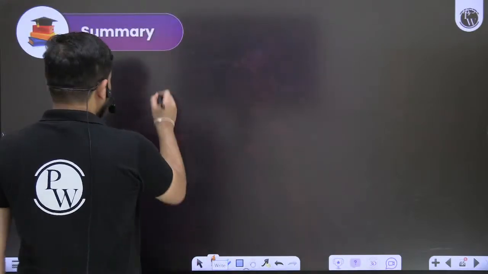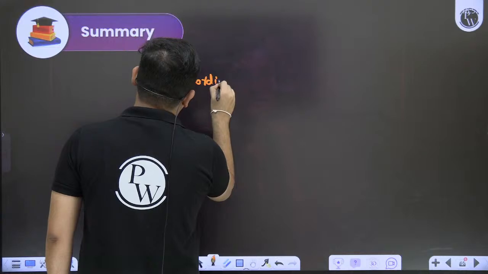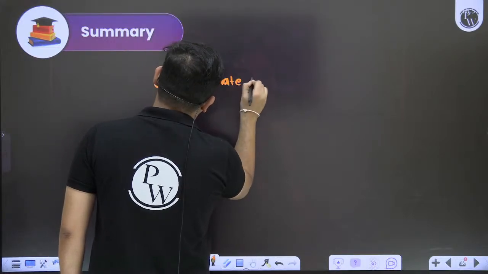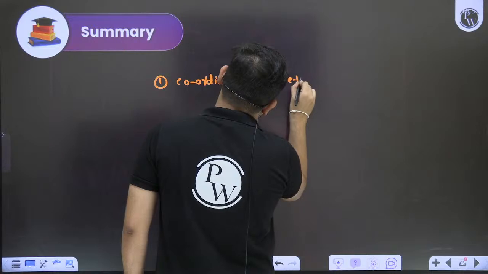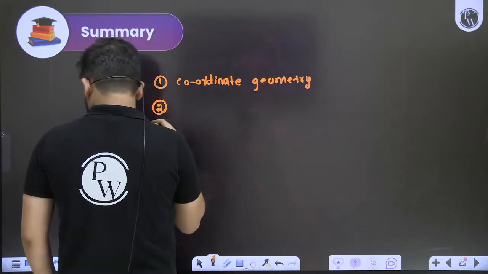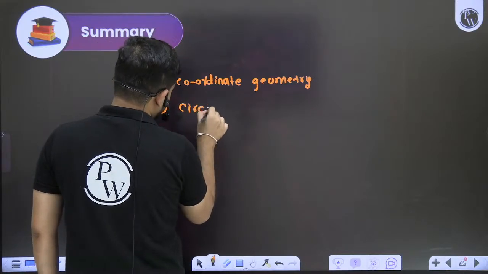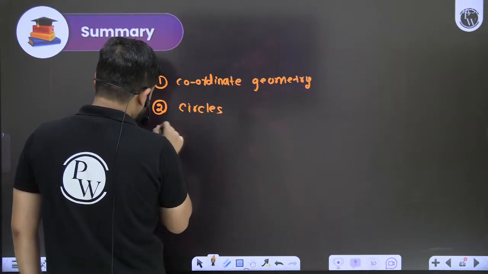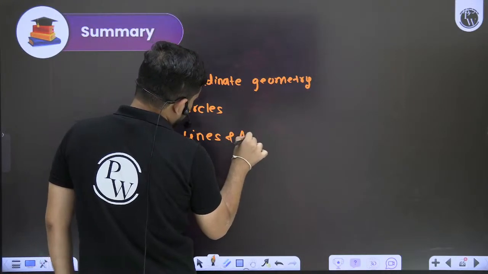So what are the things we discussed? First thing is coordinate geometry: how to represent a point on the coordinate plane. And next one we discussed is circles. And next one is lines and angles. I think we discussed lines and angles second.